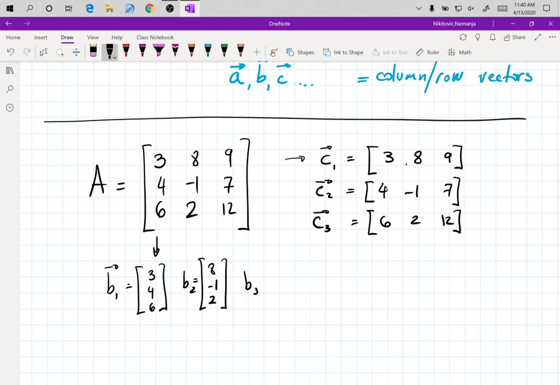And vector B3, that will give us 9, 7, and 12. We can also pick any value if we want, A2,3, let's say. Well, it's going to be 7. It's the second row, third column. So you can also pick any value you want.